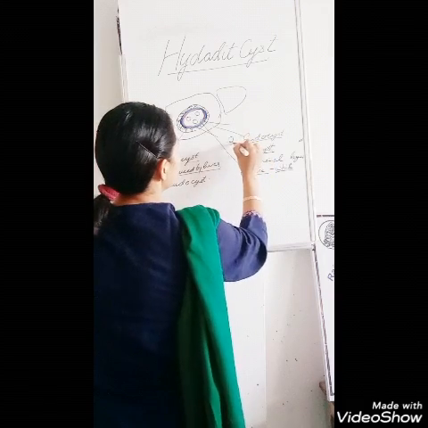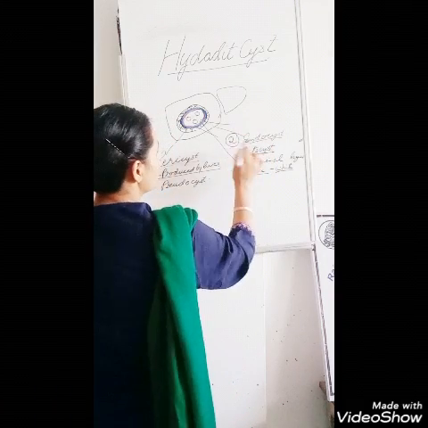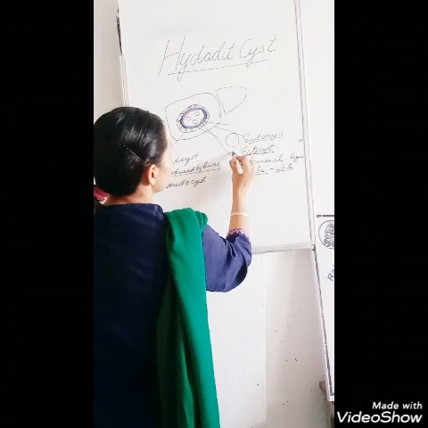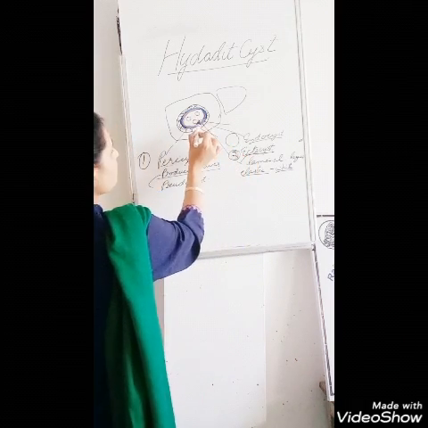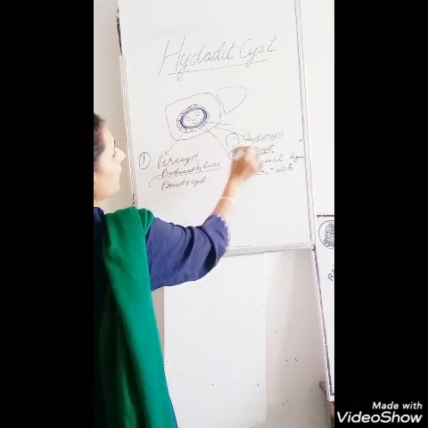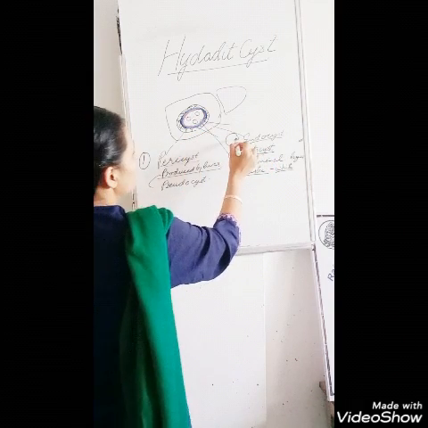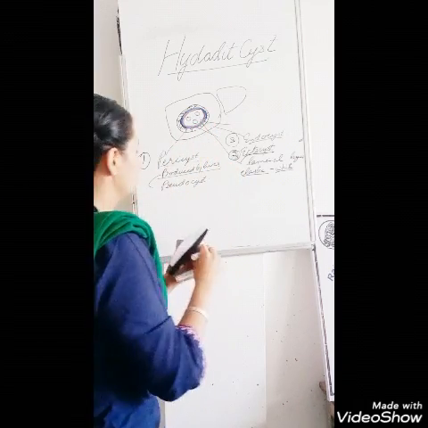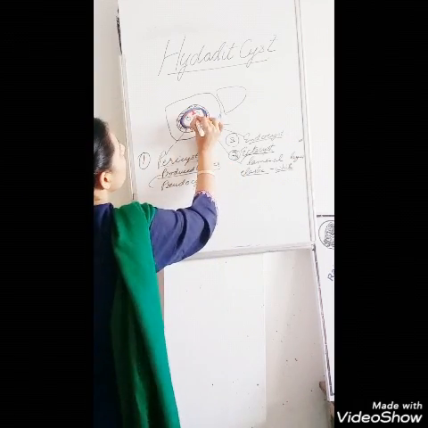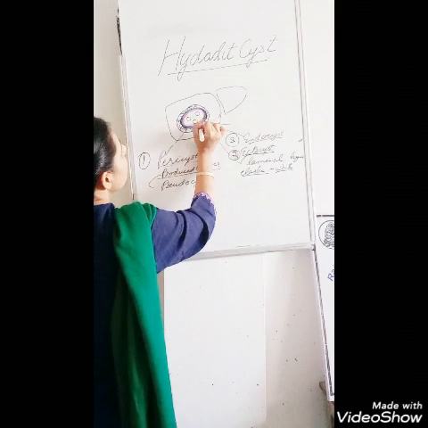The second layer is ectocyst, which is formed by the endocyst, and the endocyst is the innermost layer, a very thin layer, that I have made in red.